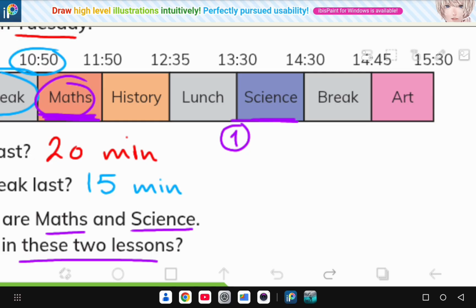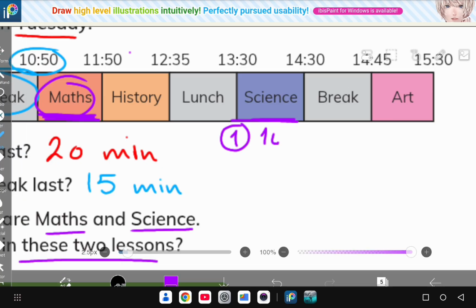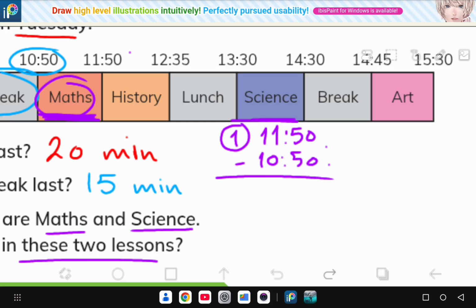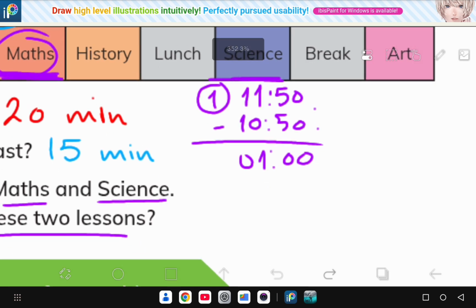Math starts at 10:50 and ends at 11:50. So I will take 11, which is basically an hour. It's obvious, but let's do it. 50. 0 minus 0 is 0, 5 minus 5 is 0, 1 minus 0 is 1, 1 minus 1 is 0. So this is 1 hour in the math.